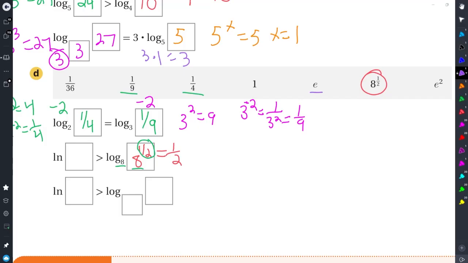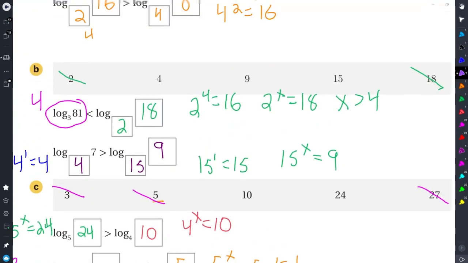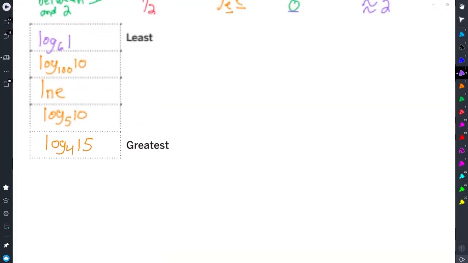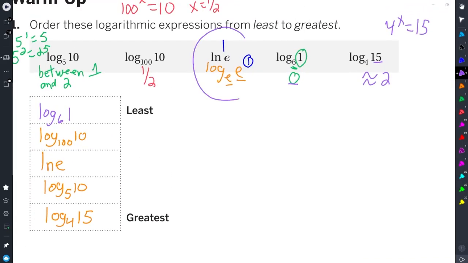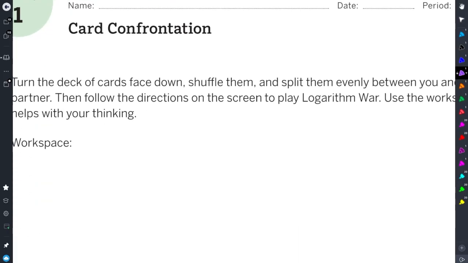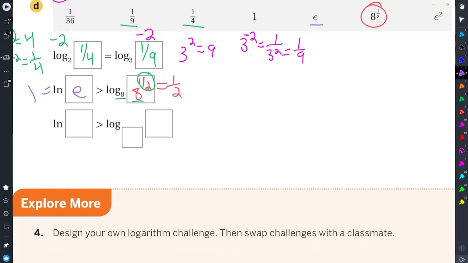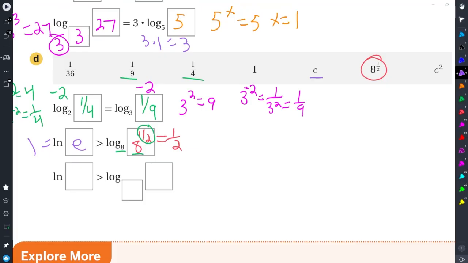Well, if I do log base e, or natural log of e, this is equal to 1. We saw that on the first page right here. Now the last one we're going to cheat a little bit because we have a 1. So log base anything of 1 is going to be 0.